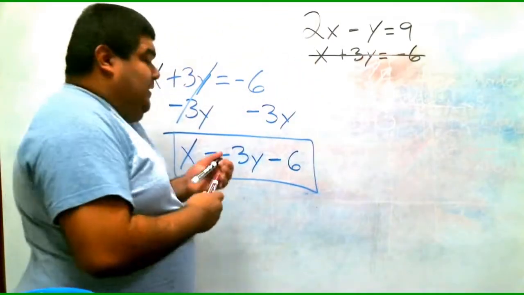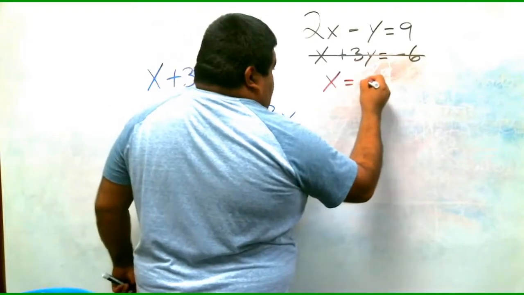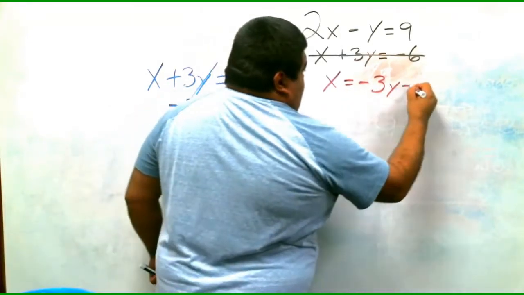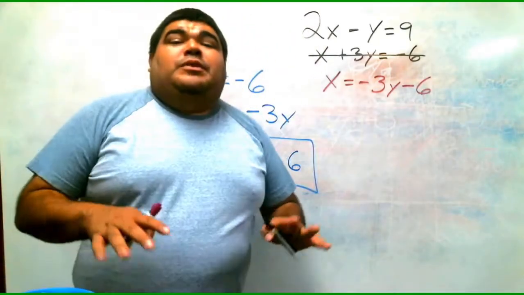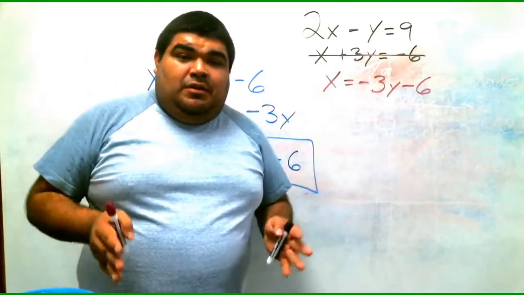Our new problem is x equals negative 3y minus 6. So we didn't necessarily solve for x. What we did is we had x alone.